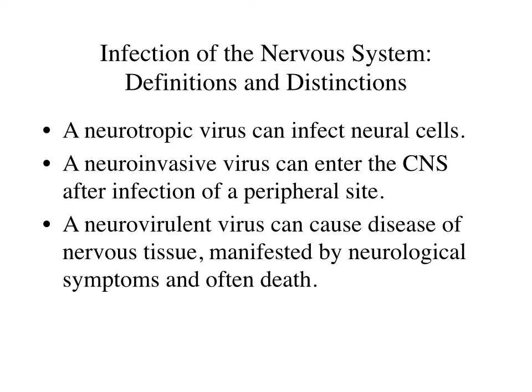So in this case, remember, the virus is usually introduced by an animal bite. That bite introduces the virus past the skin barrier down into muscle tissue where it first replicates, but then it's able to innervate the nerves in the muscle tissue, makes its way to the central nervous system, and eventually will cause fatal encephalitis.